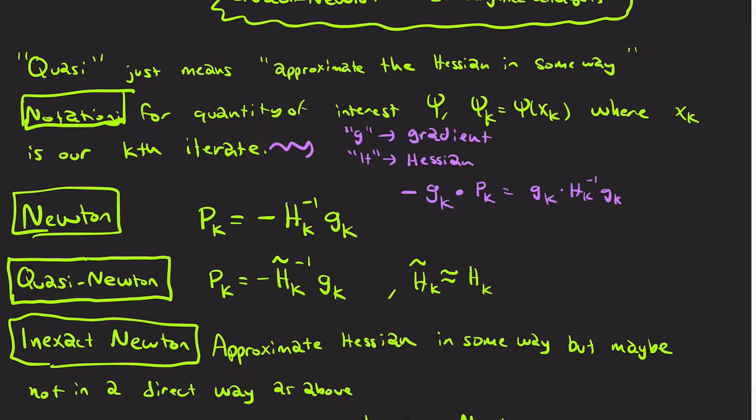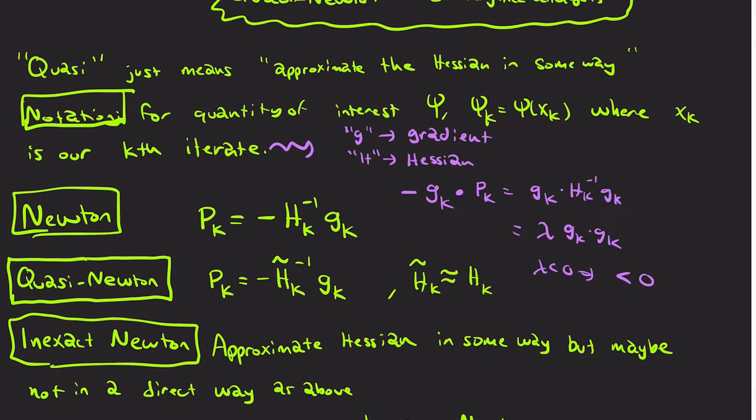Now, let's say that gk is an eigenvector of hk inverse, for example, and its associated eigenvalue lambda is less than 0. That implies that the whole thing is less than 0. So it's not moving in the negative gradient direction, and therefore it is not a descent direction.